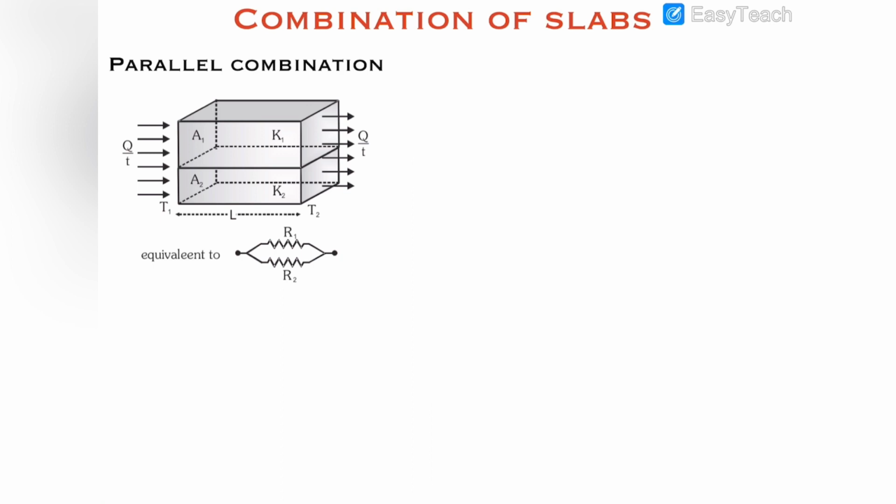the equivalent resistance of these two slabs will be 1 upon R equivalent equals 1 upon R1 plus 1 upon R2. Now you can see that R equivalent is the equivalent slab of these two.